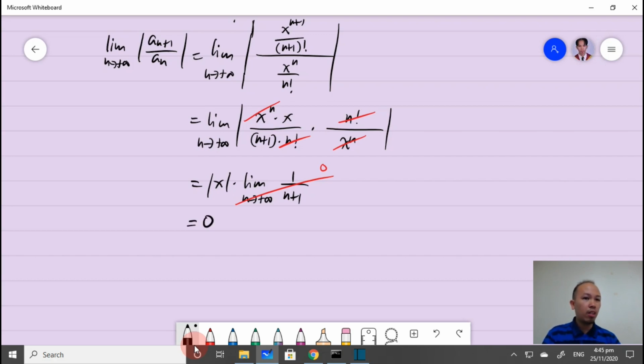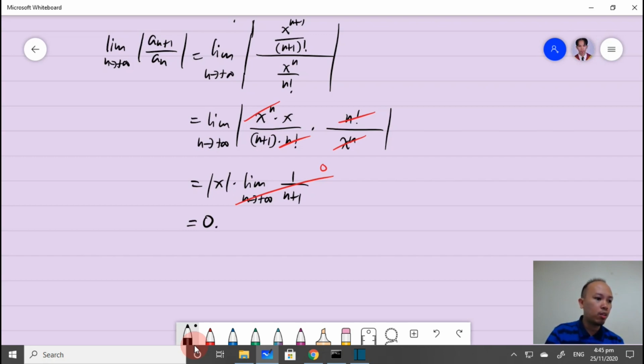So we can conclude that the values of x for which the power series is convergent is the set of real numbers.